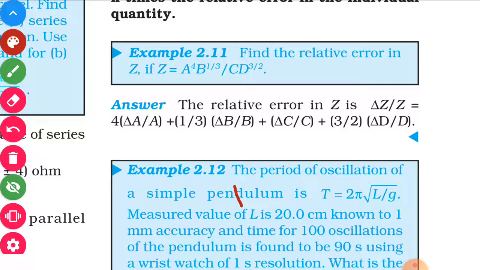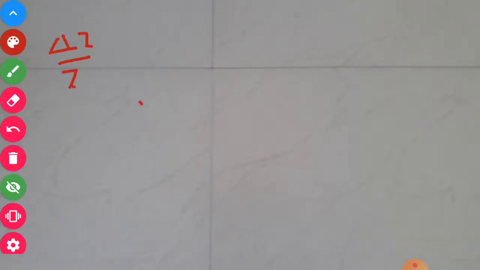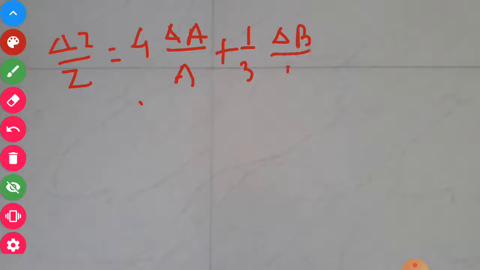So the relative error in z, that is delta z upon z, will be equal to: a raised to 4, so it becomes 4 times delta a upon a, plus b raised to 1 by 3, so 1 by 3 times delta b upon b, plus c raised to 1, so we don't write the 1, we just write delta c upon c, plus d raised to 3 by 2, so it becomes 3 by 2 times delta d upon d.